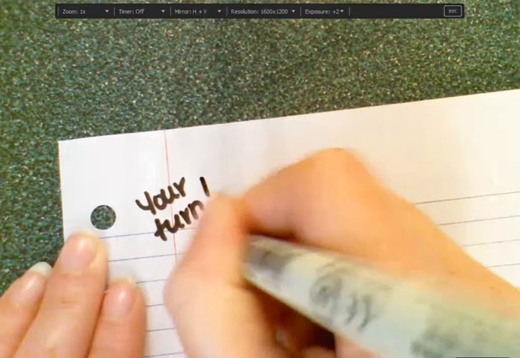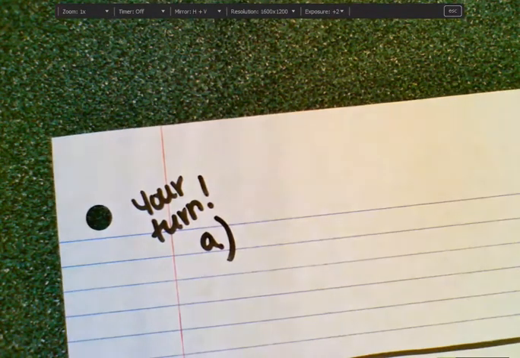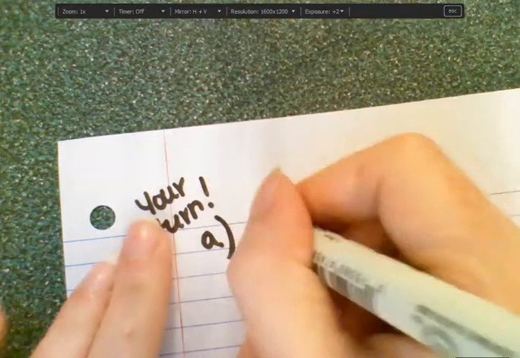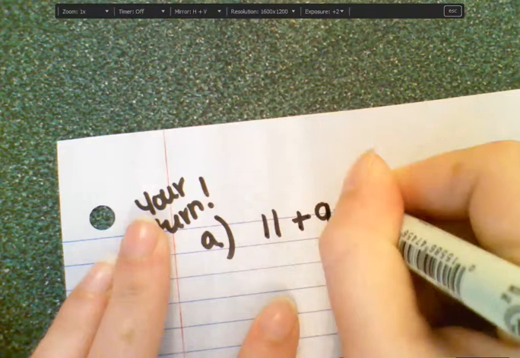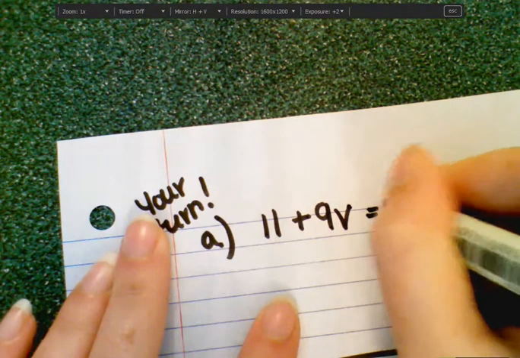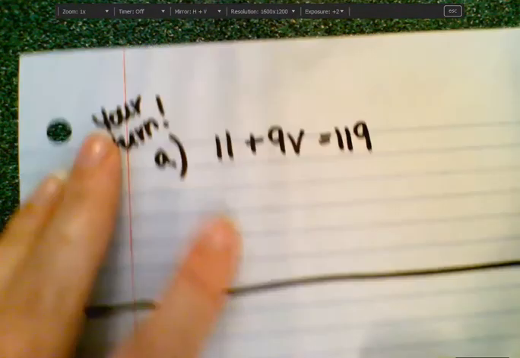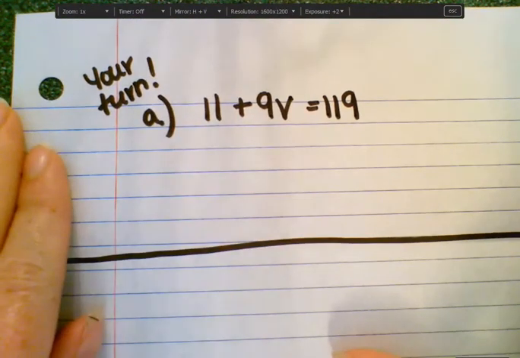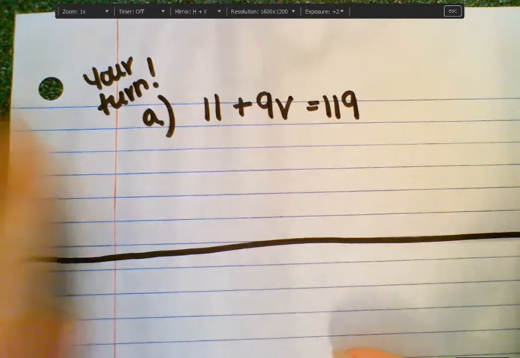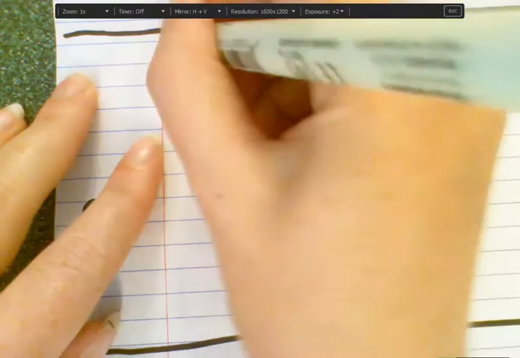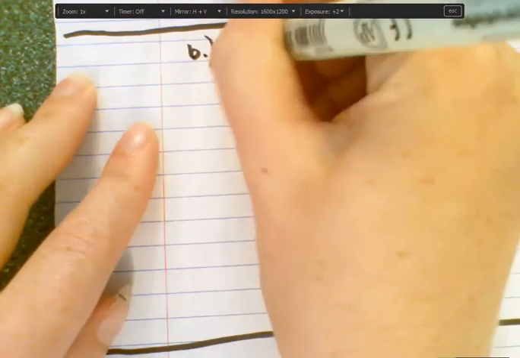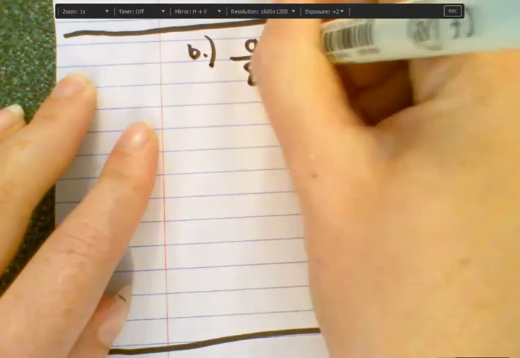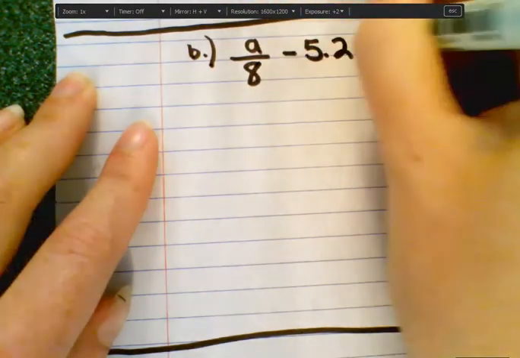So these are your problems. Letter A is going to be 11 plus 9v equals 119. Take a moment, make sure you have that down correctly. Okay, next one's going to be letter B: a over 8 minus 5.2 equals 3.